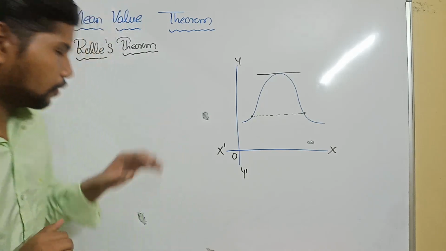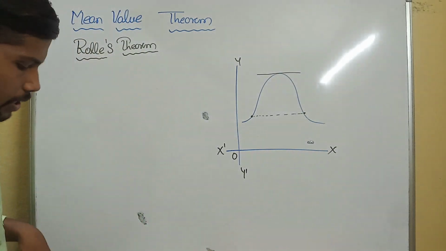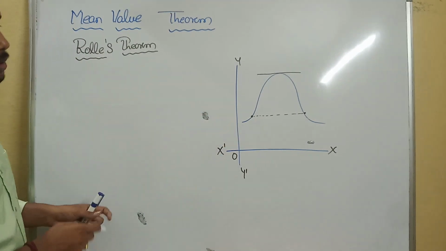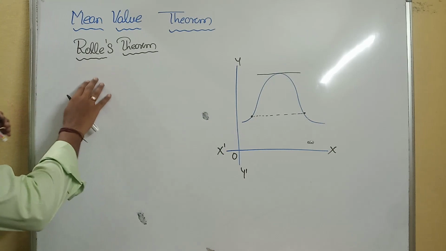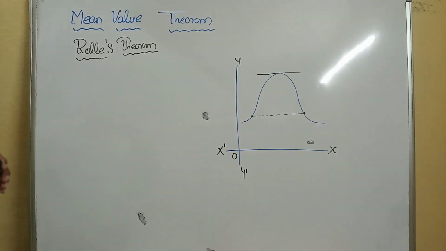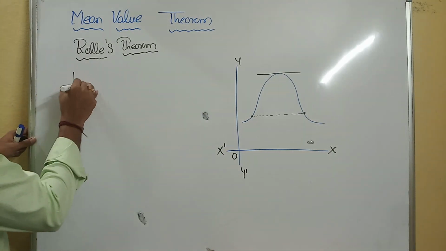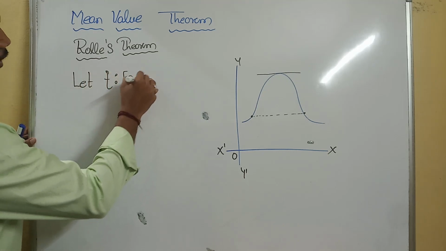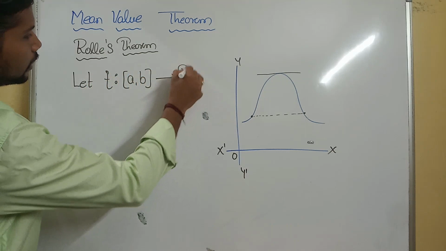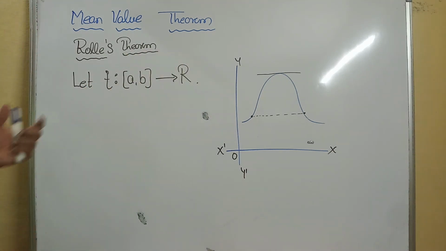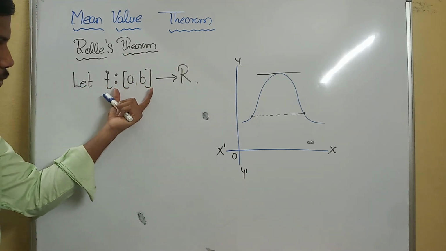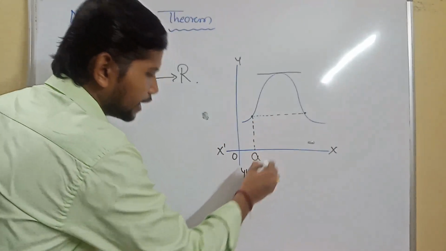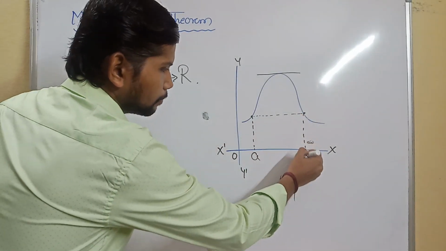First of all, I'd like to explain Rolle's theorem. In Rolle's theorem, I have drawn an initial graph here. The basics you require: let the function f go from [a, b] to the real number system R. Here the domain is [a, b].